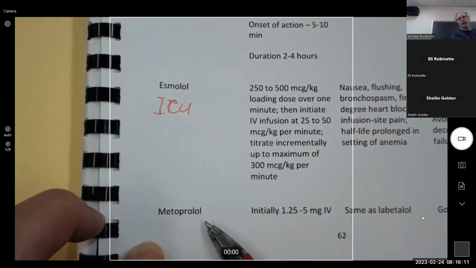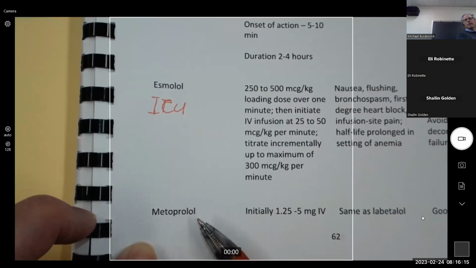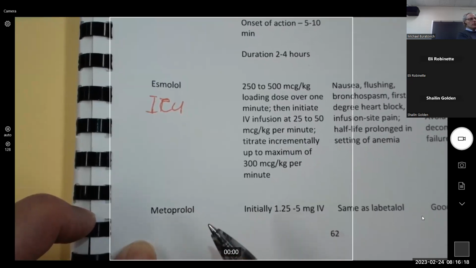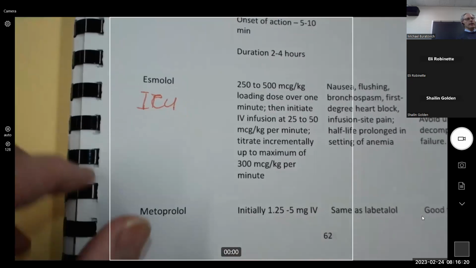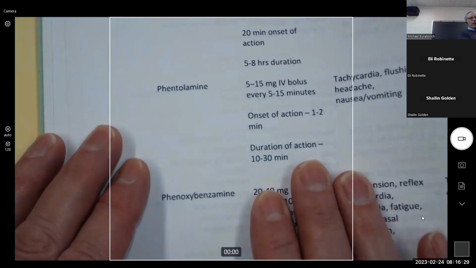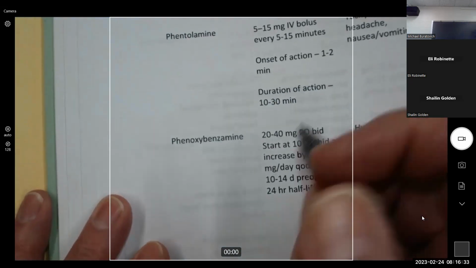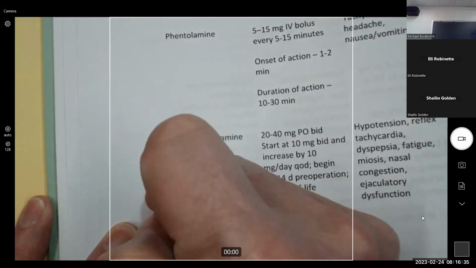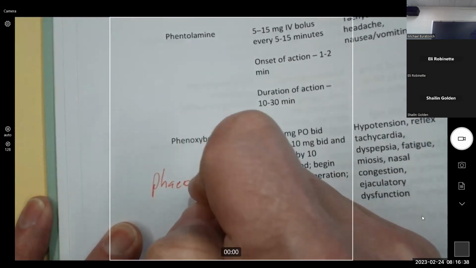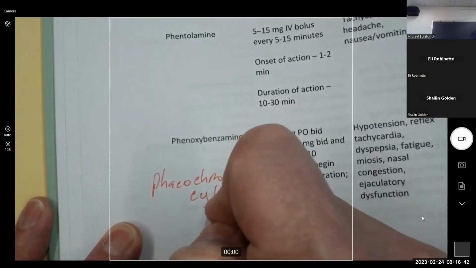This drug is particularly good after a woman has had a baby if she's suffering from eclampsia. It's also good for folks who've had a heart attack. These two drugs here are typically used in people who suffer from pheochromocytomas.